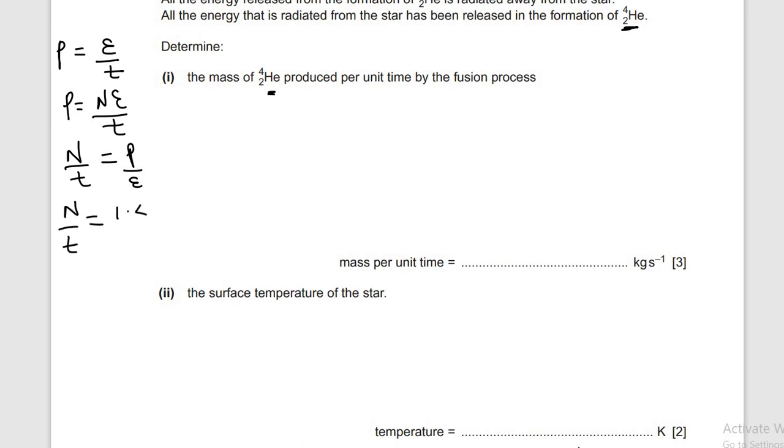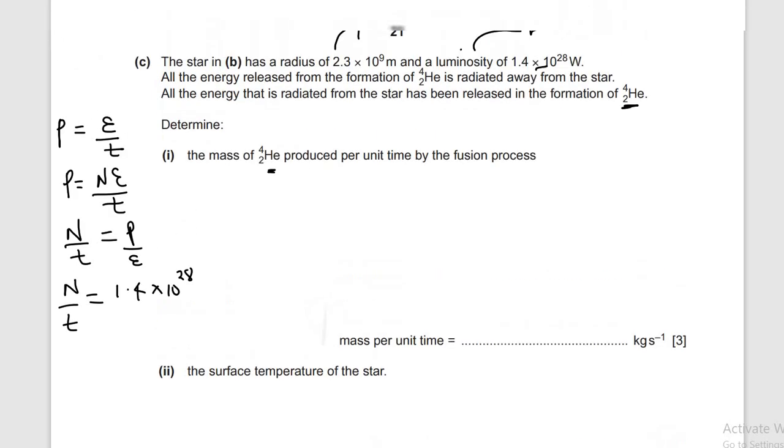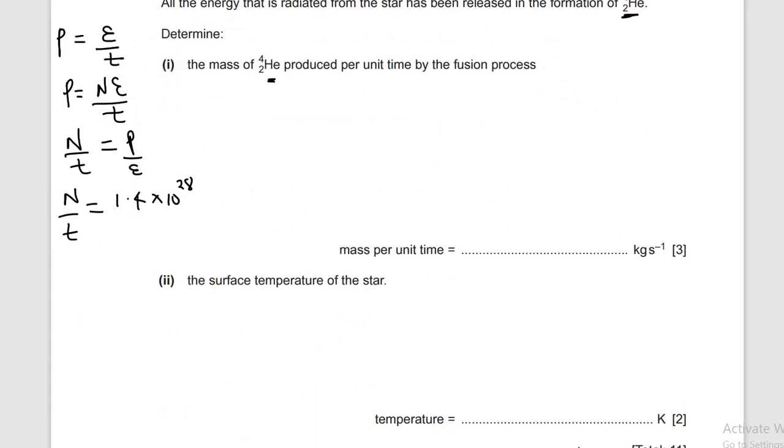From the question it is 1.4 times 10 to the power 28, measured in watts. It's also the luminosity. Energy, the one we just got, is 2.8 times 10 to the power minus 12. The amount per unit time is 5 times 10 to the power 39 per second.